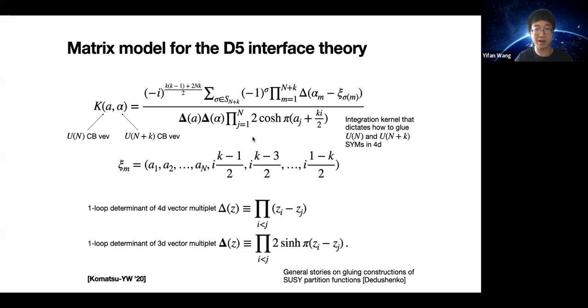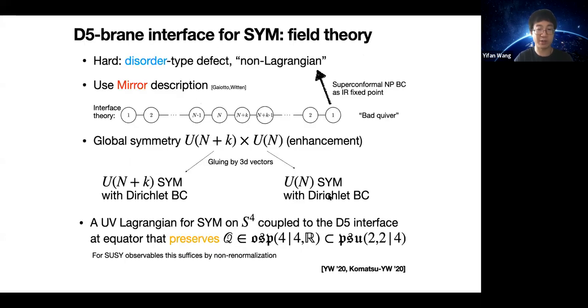What's important is this dependence here, which essentially parameterizes the U(N) Coulomb branch VEVs and the U(N+K) Coulomb branch VEVs. And these VEVs are the things that you need to glue with the partition function of the super Yang-Mills on the two hemispheres with Dirichlet boundary conditions.